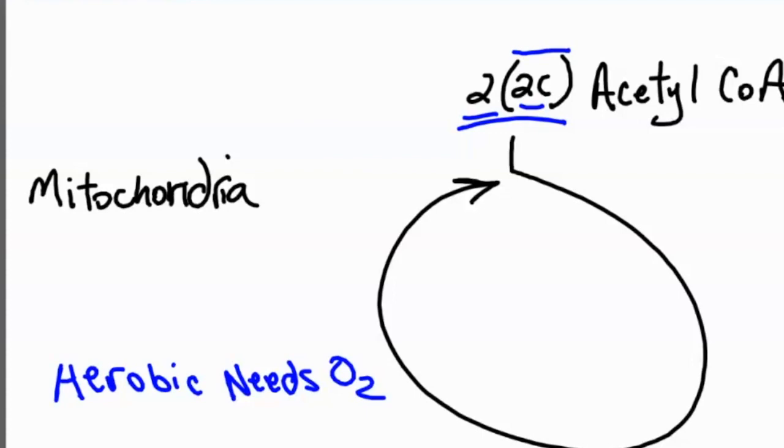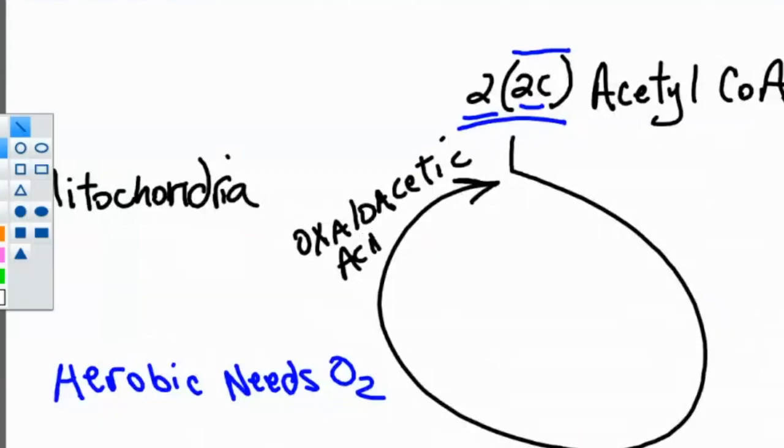Those byproducts, those chemicals, are still in the cell. One of those chemicals has a crazy name. Oxaloacetic acid.